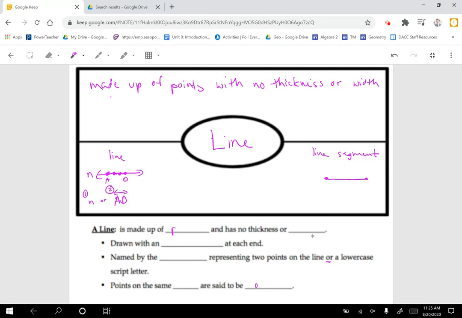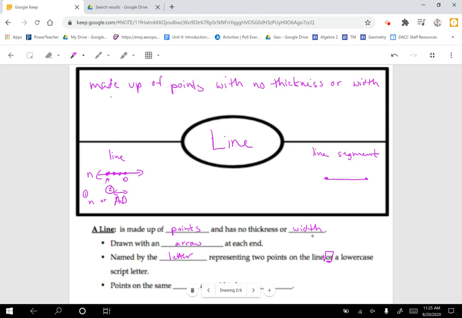So first, a line is made up of points with no thickness or width. We draw it with an arrow at each end, so that's what makes it different from a line segment, is those arrows. It's named by the letters representing two points, or again, the lowercase script letter.